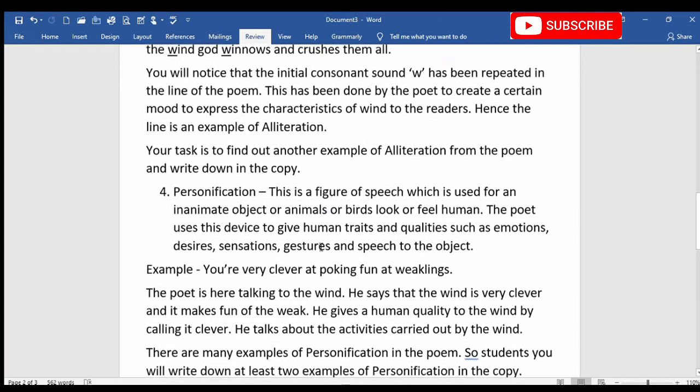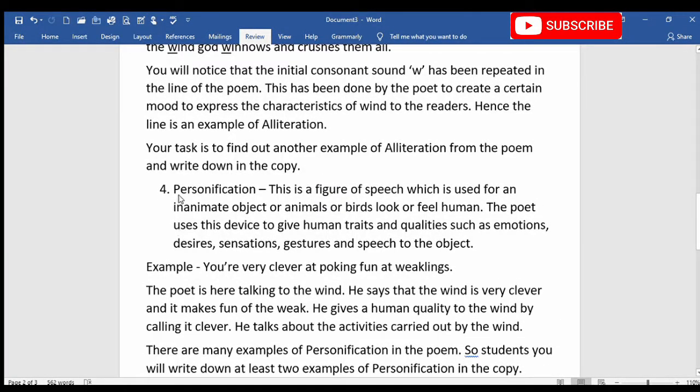Now let's come to the next figure of speech, personification. This is a figure of speech which is used for an inanimate object or animals or birds to look or feel human. The poet uses this device to give human traits and qualities such as emotions, desires, sensations, gestures and speech to the object.